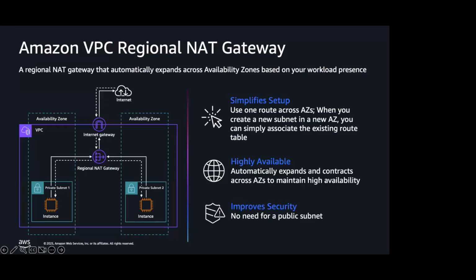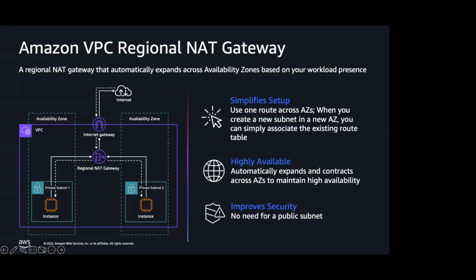But you want those workloads to not have any inbound communication coming from the internet. So very commonly, you'll put your workloads into a private subnet, then send their traffic to a NAT gateway that sits in a public subnet. It translates all their addresses and forwards that communication out to the internet.